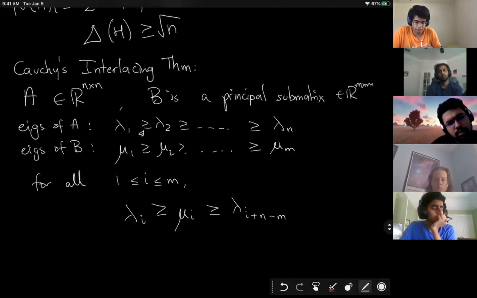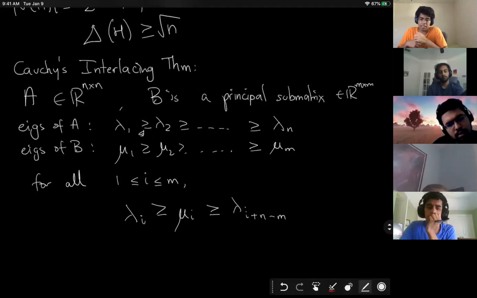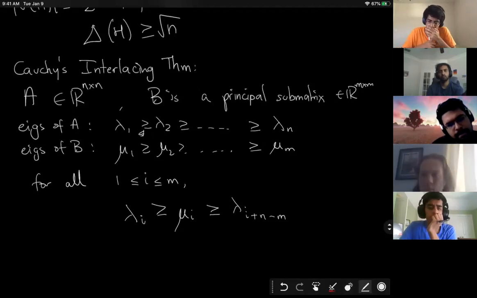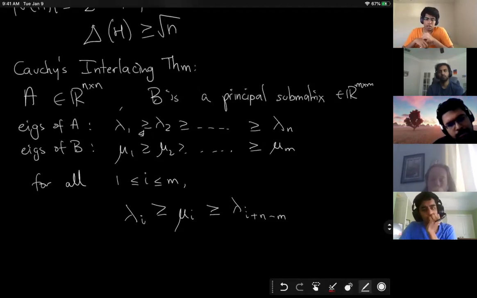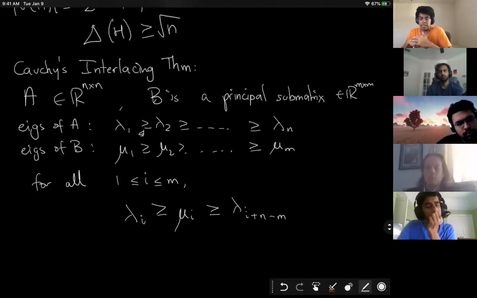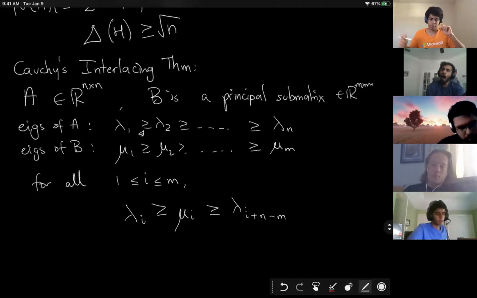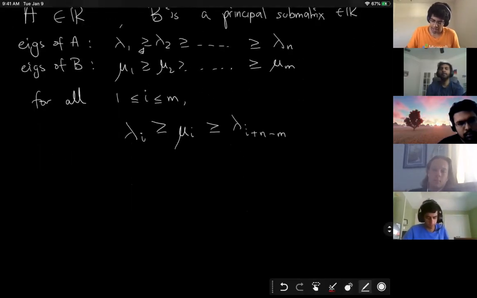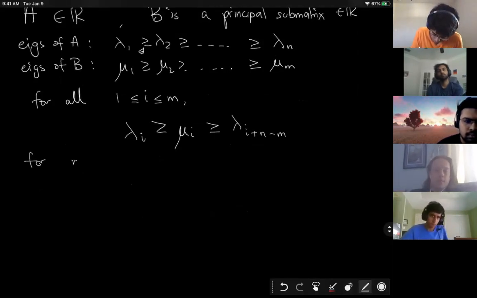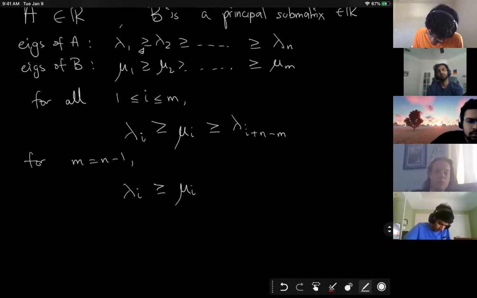It's a little more intuitive if you imagine m to be n minus 1, right? So you just deleted one row and column of A. B is just one size smaller in both directions. So B has one fewer eigenvalue. So what this is saying is that if you plug in m equals n minus 1, lambda i is greater than or equal to mu i is greater than or equal to lambda i plus 1.